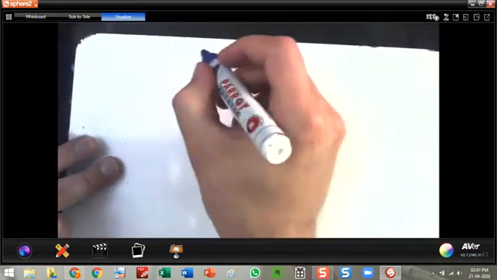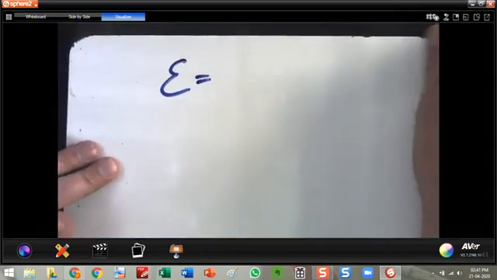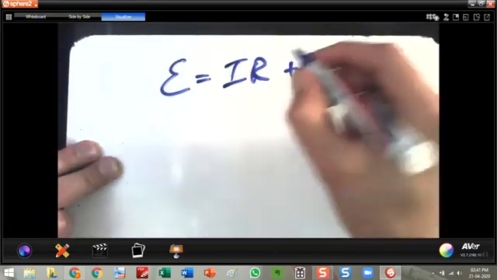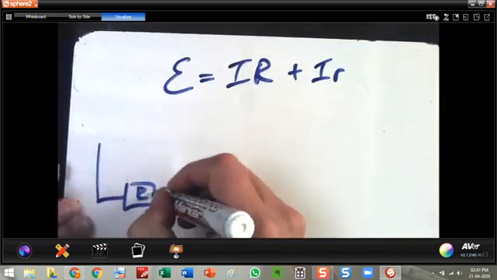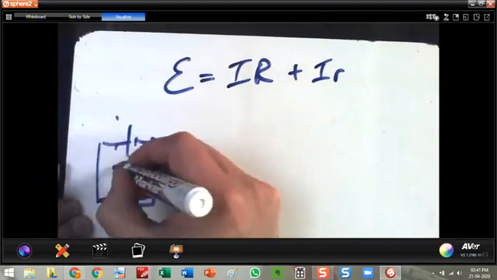We have now looked at the video, and we've seen that this is basically Kirchhoff's second law, where the EMF is equal to the sum of the potential differences. So if we have our circuit, there's R, we have small r, our internal resistance.